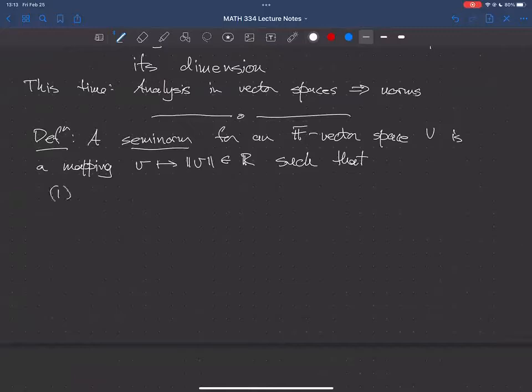So one, if I take a vector and I scale it, the constant pulls out with an absolute value. Okay, and so this is true for scalars f and vectors v. Okay, so that's a homogeneity property.